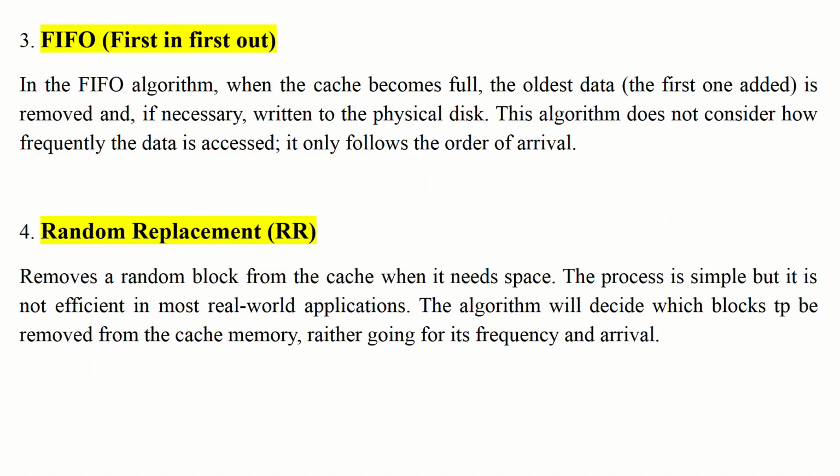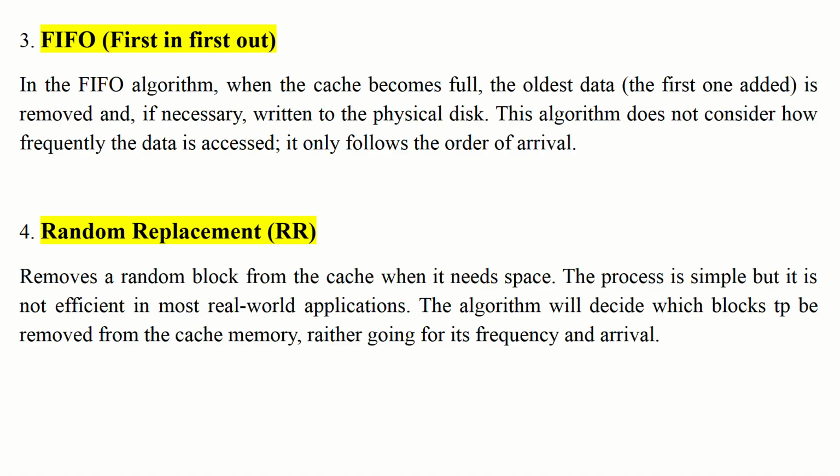Then comes FIFO. FIFO means first in first out, which applies when the cache becomes full. Now suppose there is a scenario where the cache becomes full. Here the oldest data is removed first, like first come first serve.